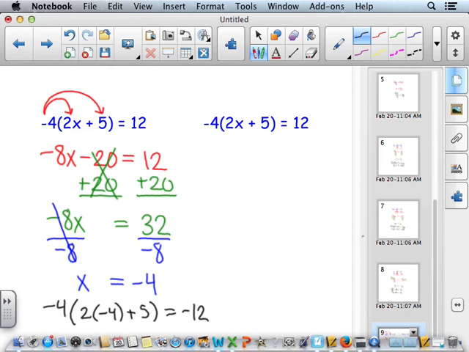If I use the order of operations and work within parentheses first, I have 2 times negative 4, which is negative 8, plus 5, which is negative 3. So I have negative 4 times negative 3, which does not equal negative 12. It equals positive 12.